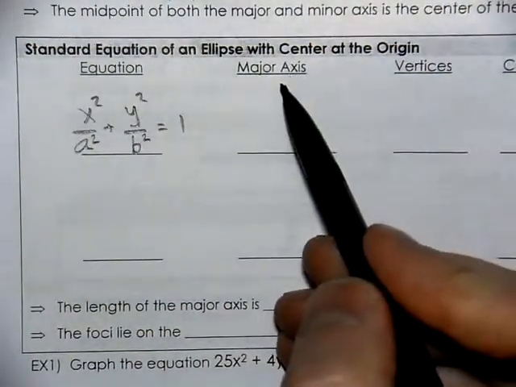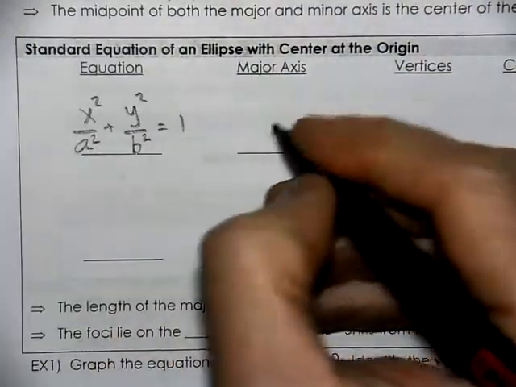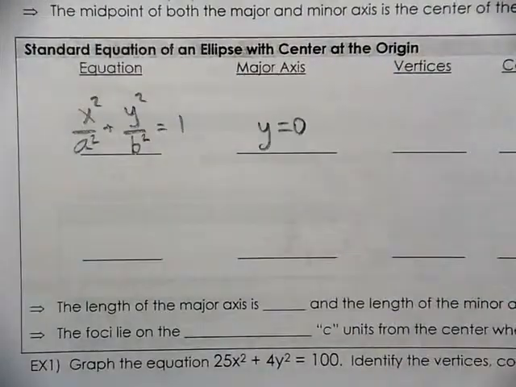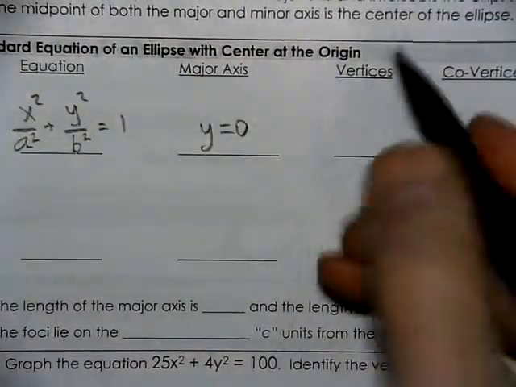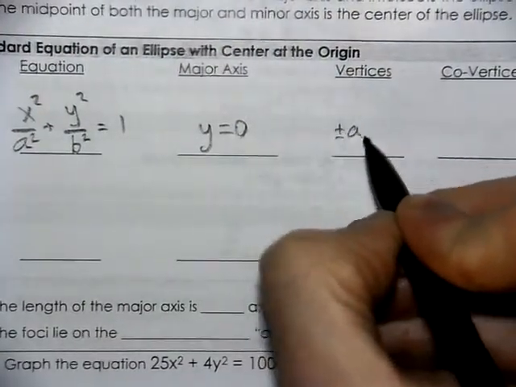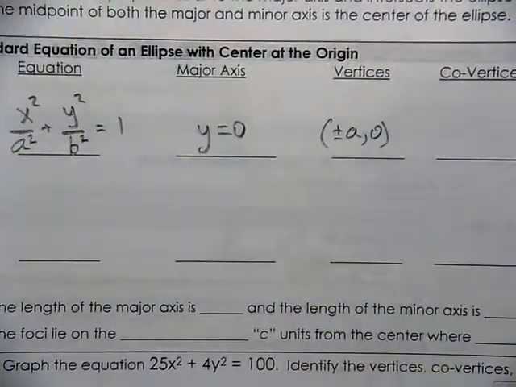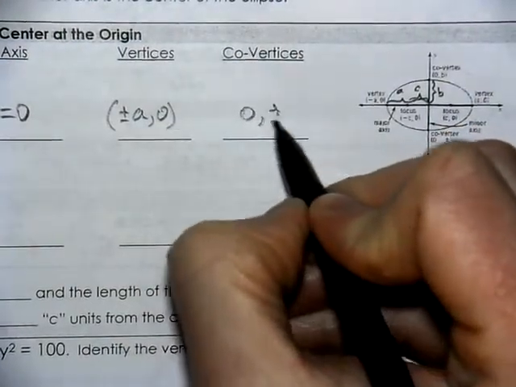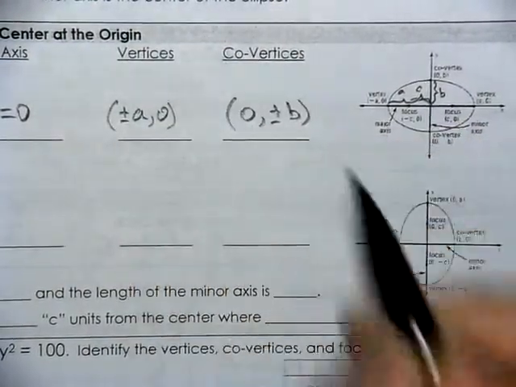Your major axis is going with the x's, so it's on the x-axis, which is called y equals 0. The vertices are plus or minus A comma 0, and the co-vertices are 0 comma plus or minus B.